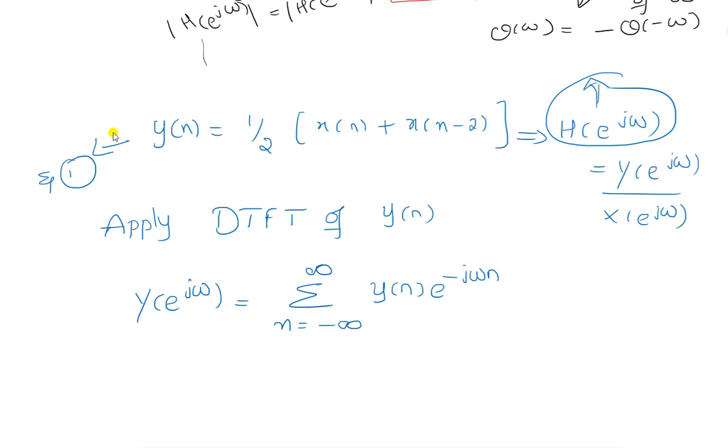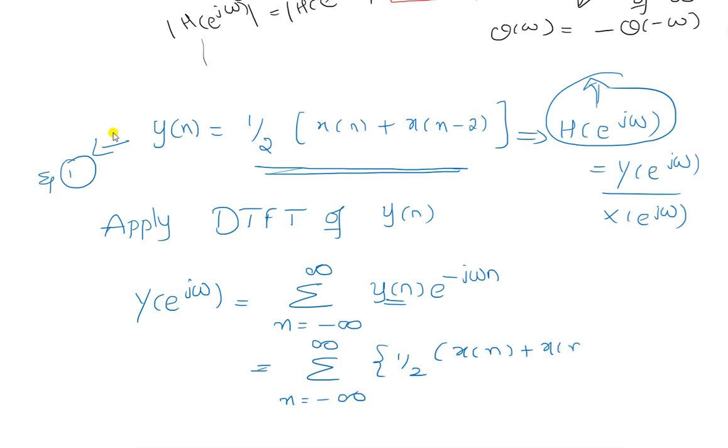What is y of n? Our y of n is 1 by 2 into x of n plus x of n minus 2. Substitute this: sigma, n equal to minus infinity to infinity, 1 by 2 into x of n plus x of n minus 2, into e to the power of minus j omega n.